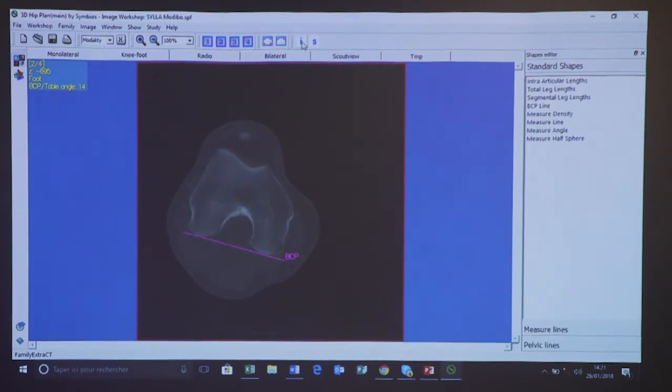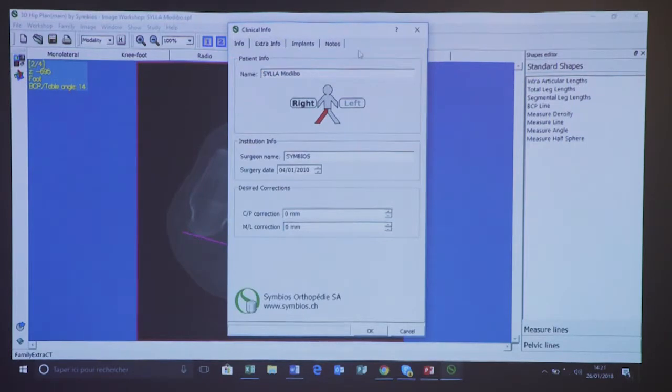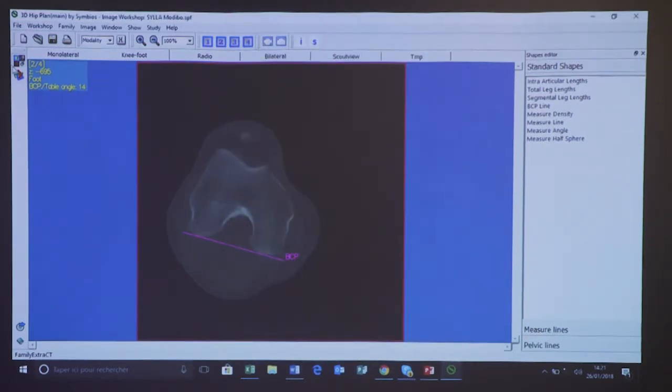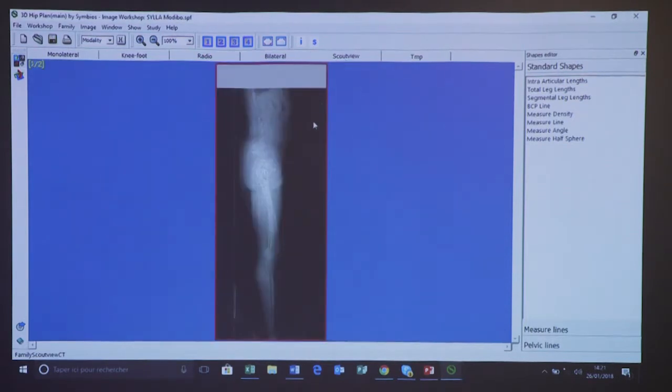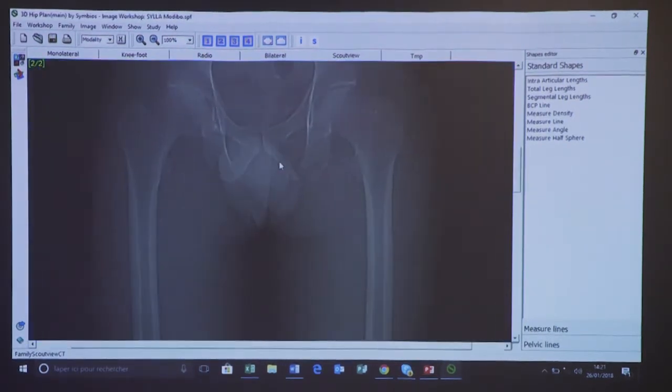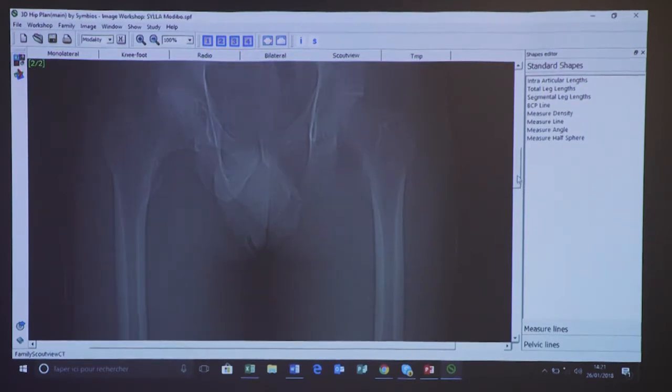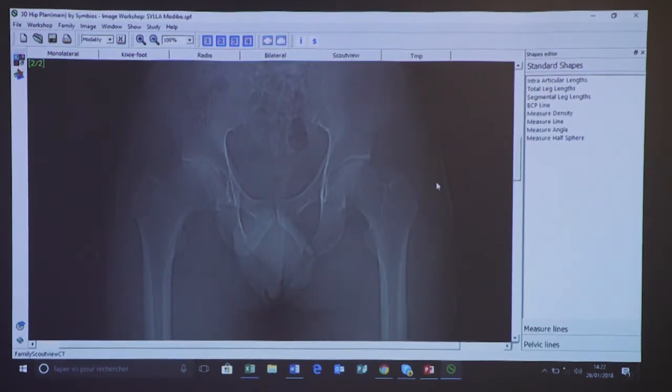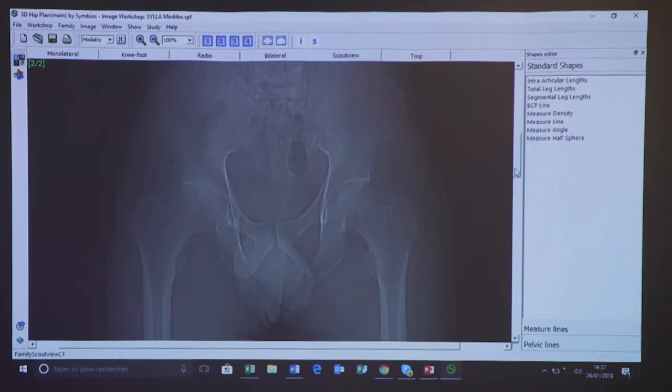This guy is not so young, but he looks very young. He was, I think, 55, an extremely active guy. So when we analyze the scout view, obviously, to be honest, at the beginning I did not notice that it was such a huge coxa vara.